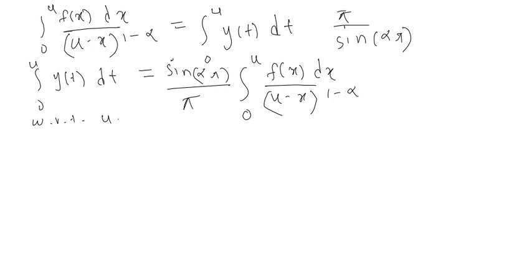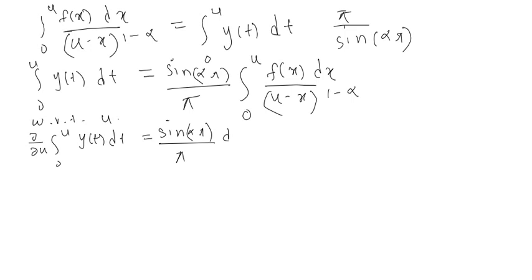Differentiating with respect to u the quantity, integral from 0 to u y of t dt, is equal to, this is a constant so I am keeping it outside, sine of alpha pi by pi, and this is differentiation.